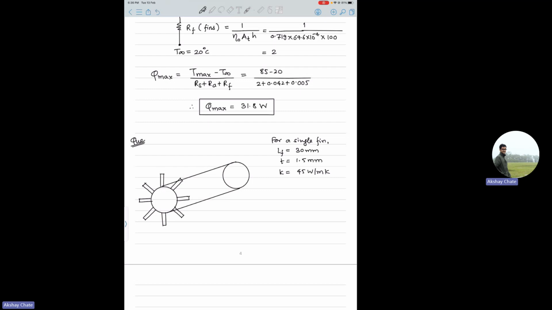And the heat transfer coefficient is given as 75 watt per meter square Kelvin. They have not mentioned the length of the pipe in the question.